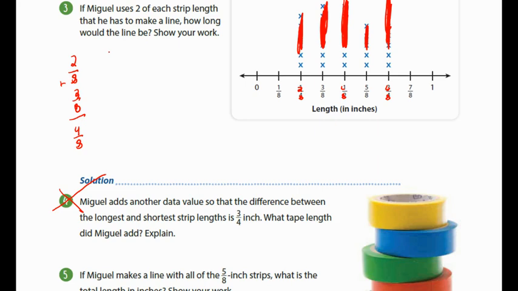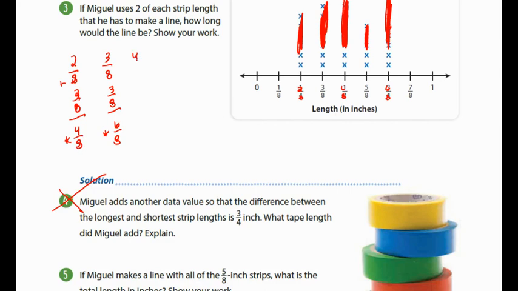We have 3/8 plus 3/8, and that equals 6/8. Now we're going to move to 4/8. So 4/8 plus 4/8 equals 8/8.